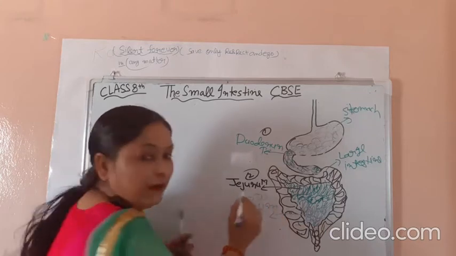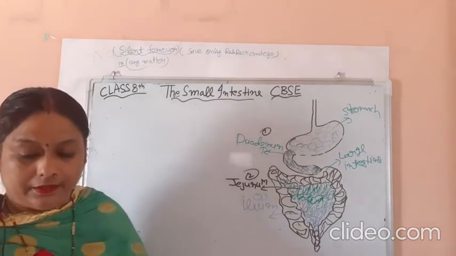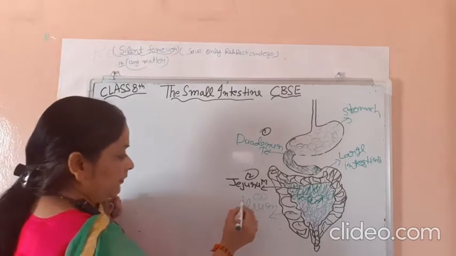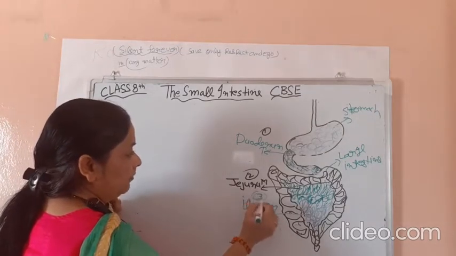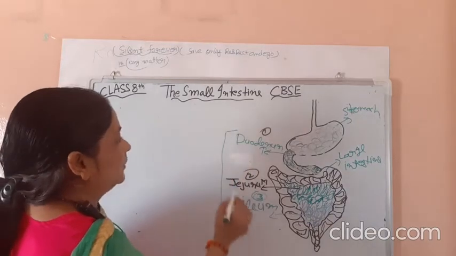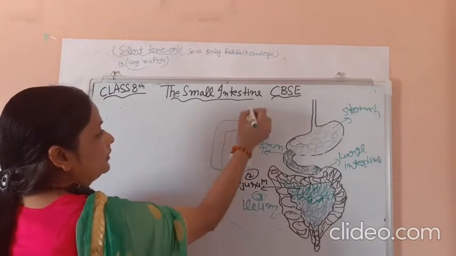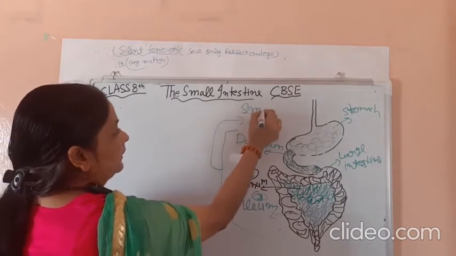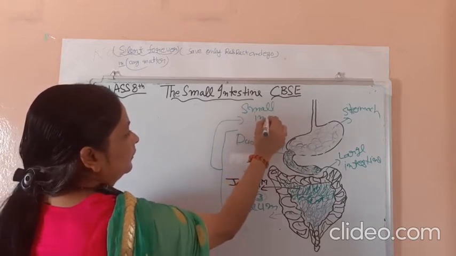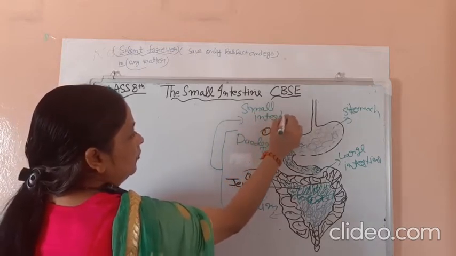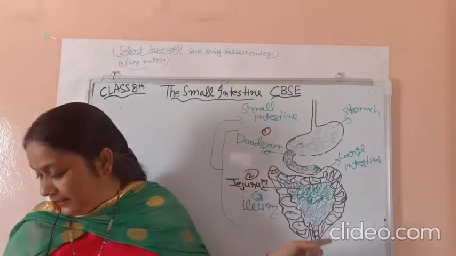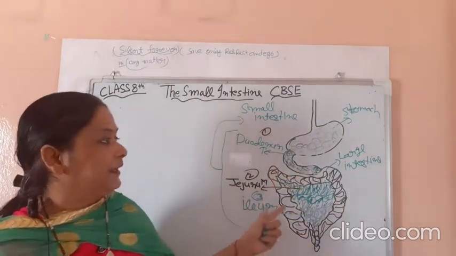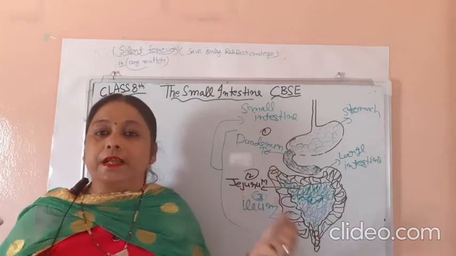This is the third part of the small intestine. So this whole part is called the small intestine. This is a very clear diagram showing the parts of the small intestine on your screen.